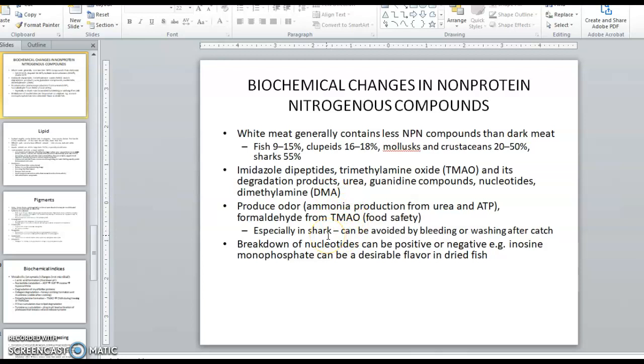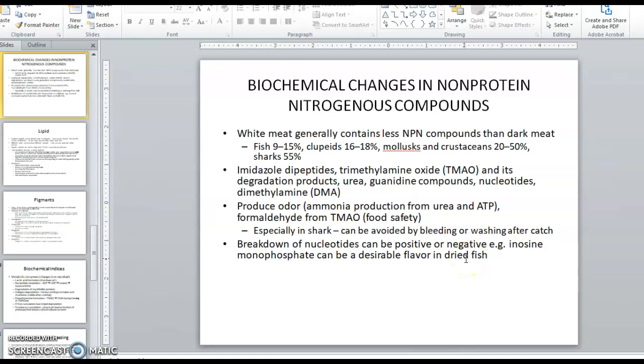However, if you still eat shark, it can be avoided by bleeding or washing the shark right after you catch it, because you wash away probably most of the precursors that can lead to the formation of these compounds. The breakdown of nucleotides can be positive or negative. For example, inosine monophosphate can be a desirable flavor in dried fish.